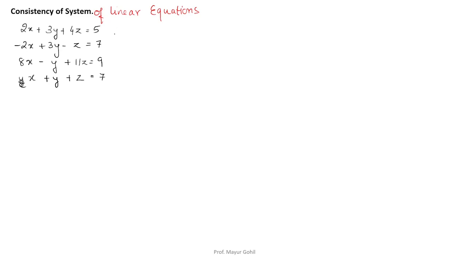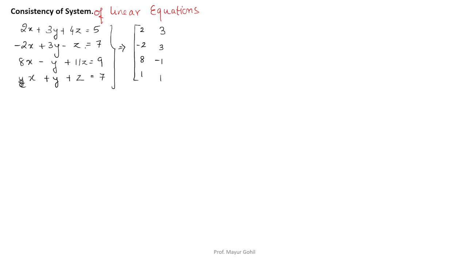Okay, so now anything like this, written in terms of equations, can be written in terms of matrix notation. In this matrix notation, what we write is the coefficients. The first column will be the coefficients of x, the second column will be the coefficients of y, 3, 3, minus 1, 1.